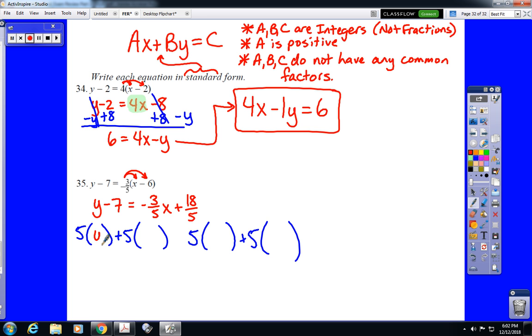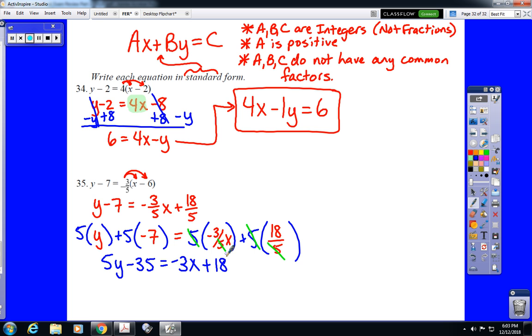We're multiplying y by 5, -7 by 5, -3/5 x by 5, and 18/5 by 5. And the whole reason we're doing that is the fractions will actually cancel into those 5s, which will turn this equation into 5y minus 35 equals -3x plus 18.